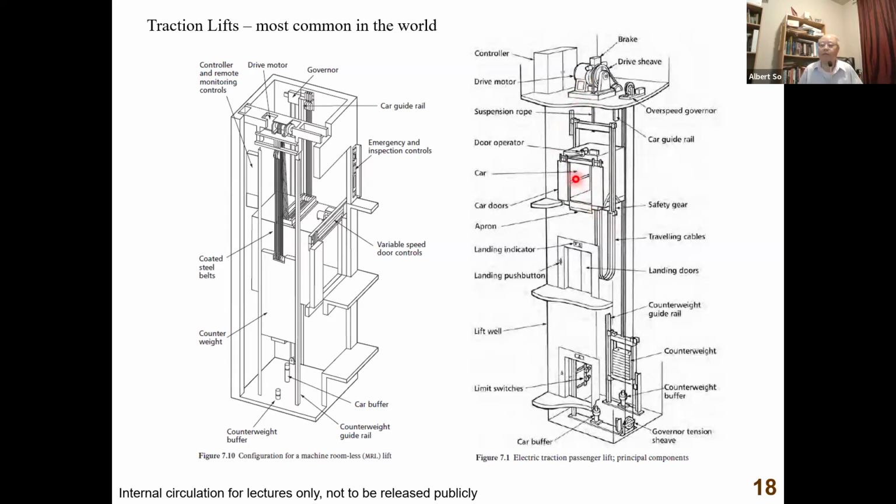If somebody is trapped in the car, he or she wants to talk to somebody in the machine room through this traveling cable. These cables are soft, with no force, no tension.